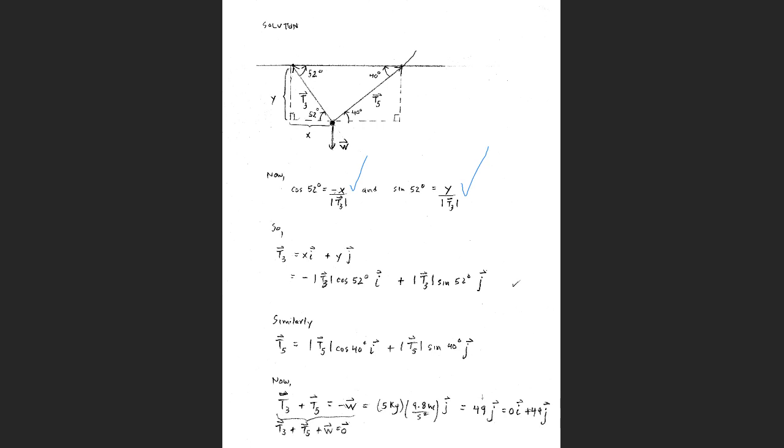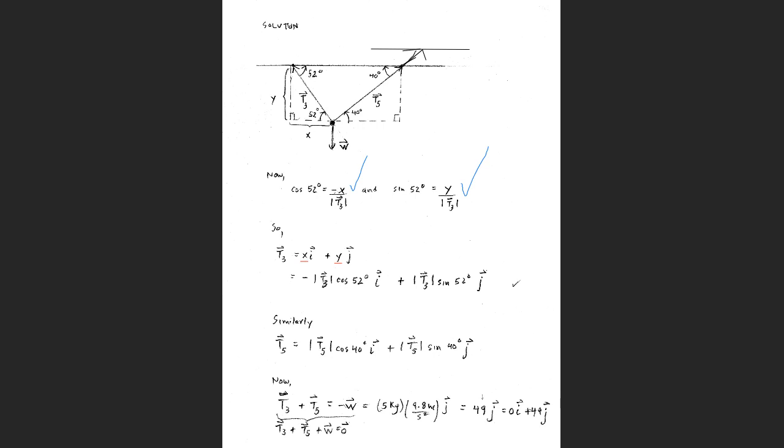There's the other tension vector, and it's off of that platform there. Okay, so the tension for the 3-meter rope is going to be X times i plus Y times j.